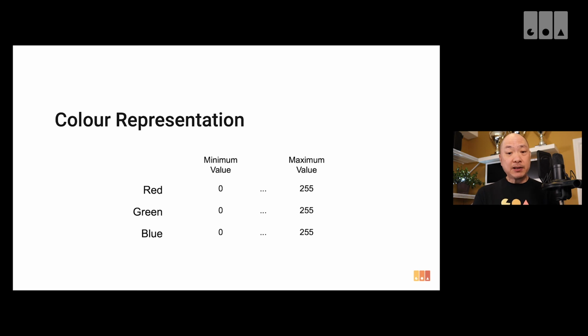So that's why it's a special number, because it represents exactly 255. Another way to represent this in hexadecimal is the minimum value is 00, and the maximum value is FF. And we have minimum and maximum values for all red, green, and blue. They each have their own values.